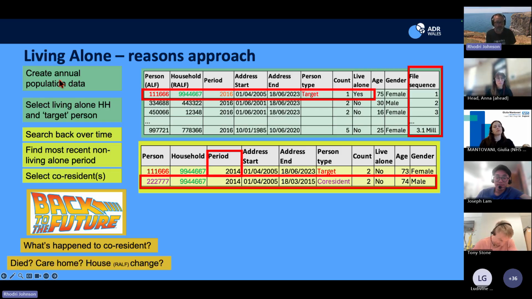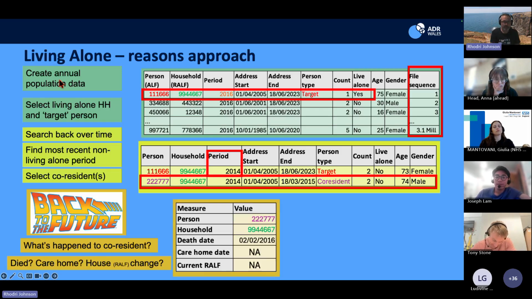With the data that we have available, what can we say? Have they died? Have they gone to a care home? Have they had a household change? And then once we've got that data into a relevant format, for this example, sadly Mr. 222 passed away in February 2016, obviously fictitious data.